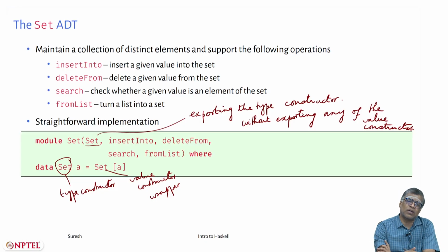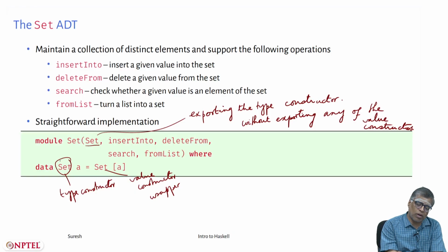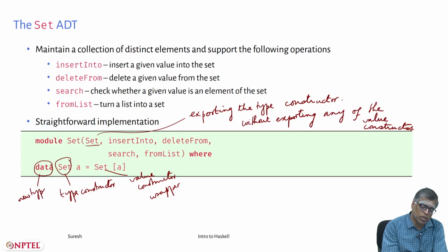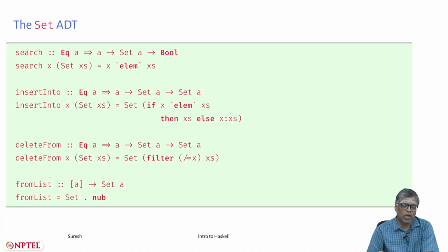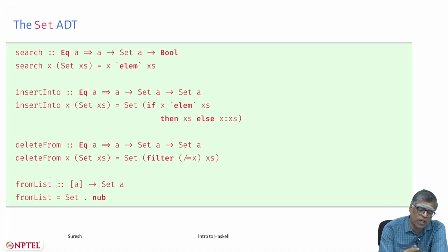In this case, as it so turns out, you could have made this a newtype instead of data, because there is only one constructor and that constructor has only one argument. Here is how you would implement these various functionalities. Search in a set is now just a search in a list.